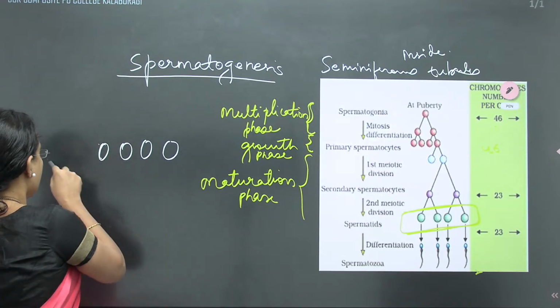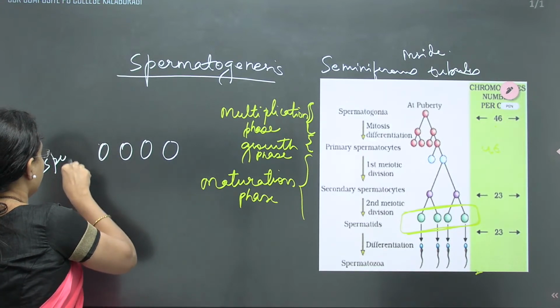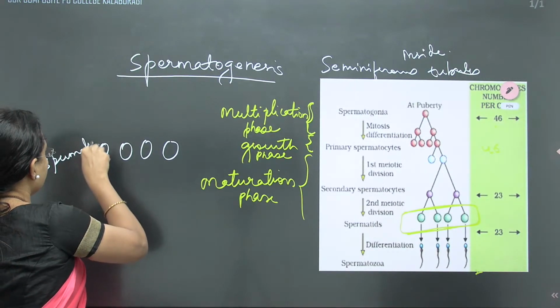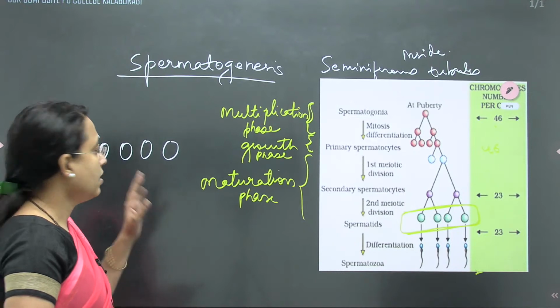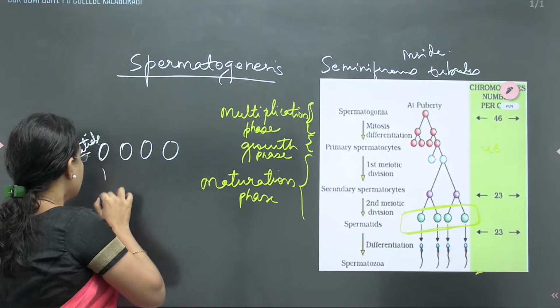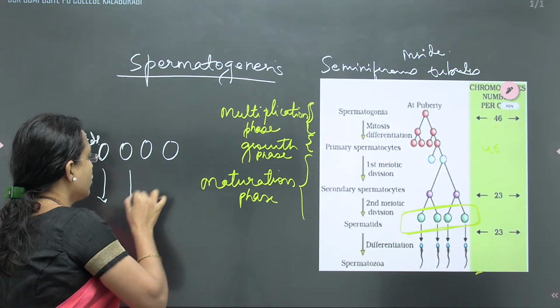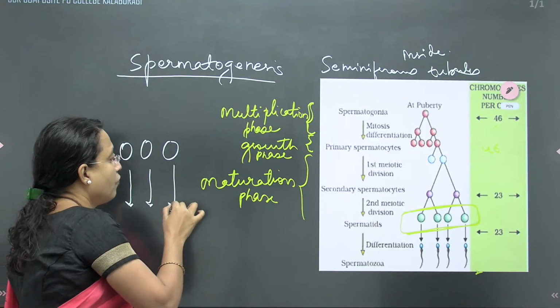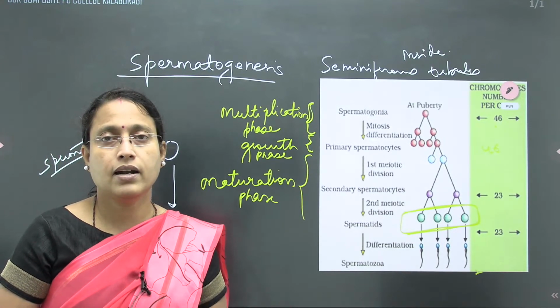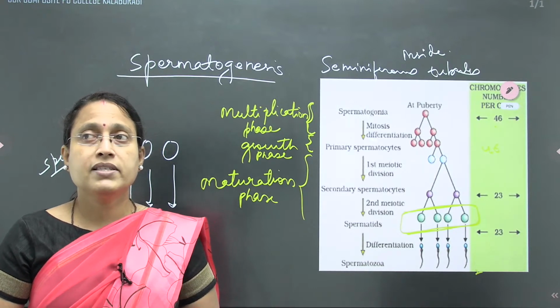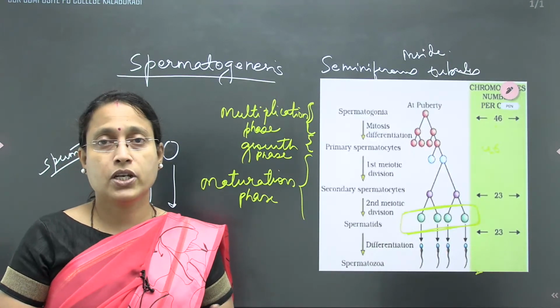Now, what happens to the spermatids is they will start changing their structure, or you can say morphology. Cellular morphology is changed there. So there is a morphological maturation, not a physiological maturation.